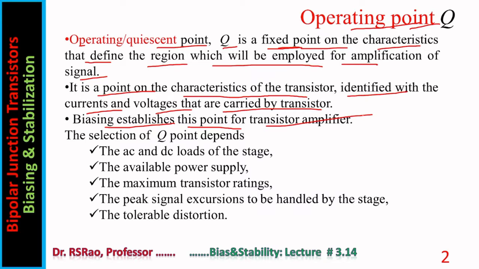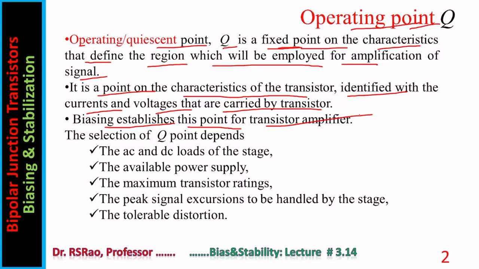As already mentioned, the location of the operating point influences the efficiency of the device, distortion generated in the device, and also even the gains, impedances, etc. So, proper location of the operating point is the most significant aspect as far as amplifier design is concerned.